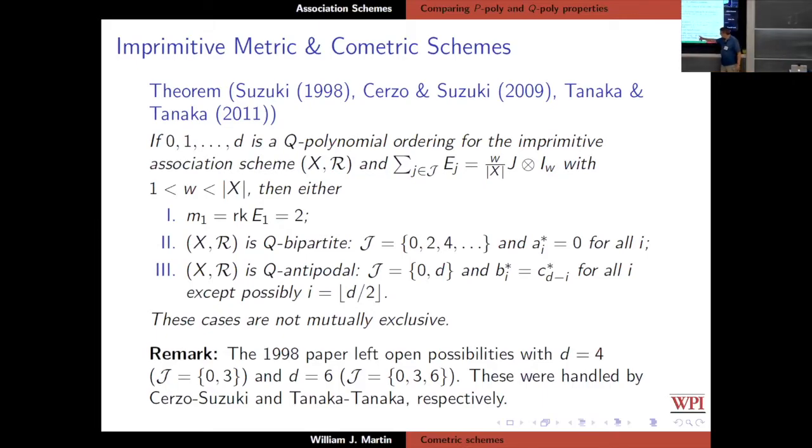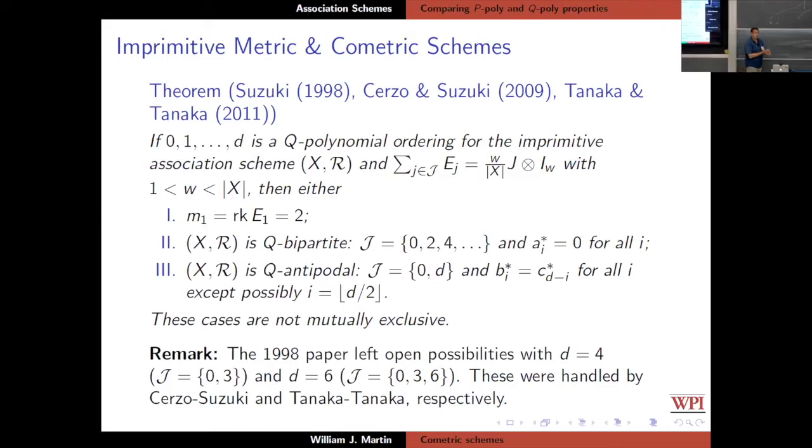Now Suzuki left open some possibilities. So he and Diana Serzo ruled out the possibility of D equal 4, where just E3 is degenerate. And Hajime Tanaka and Rie Tanaka ruled out the case where D is equal to 6, and 0, 3, and 6 are the degenerate idempotents. So these imprimitive schemes, now we know, okay, we know that there can be at most 2 Q-polynomial orderings.